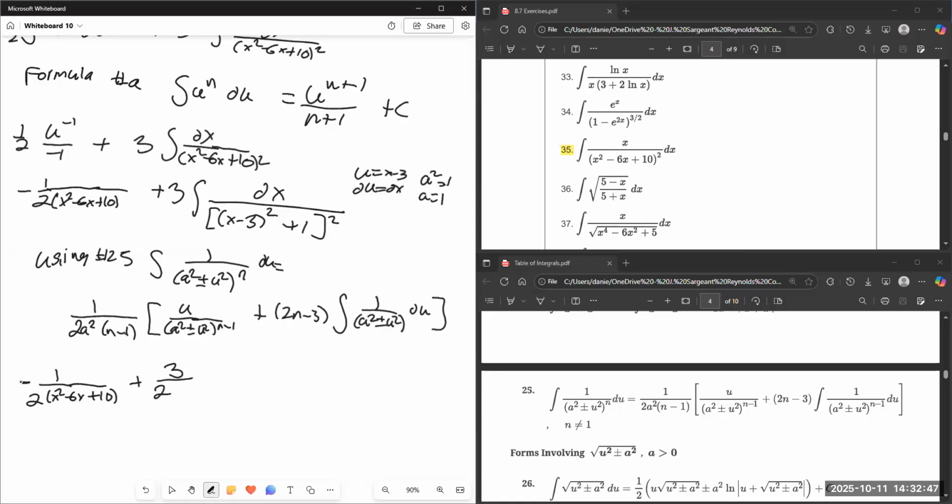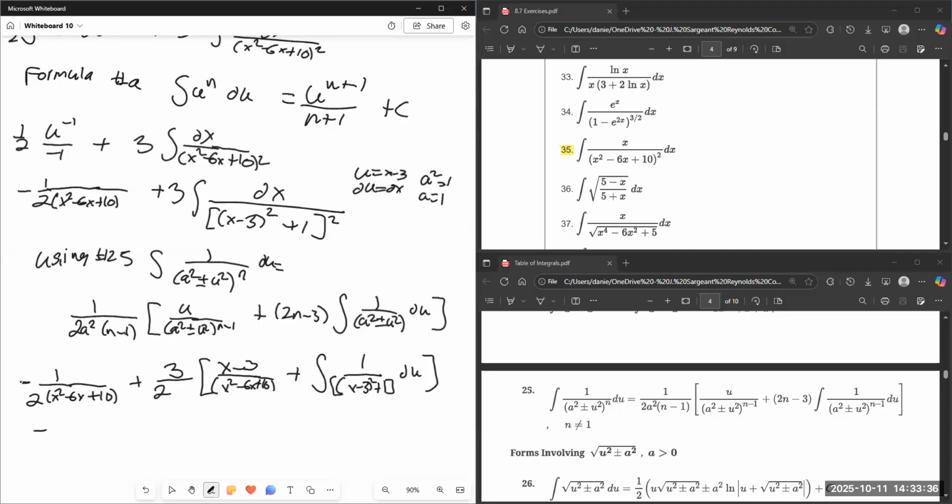So this is going to be over 3 halves times u, x minus 3, over a squared plus u squared to the n minus 1, which is x squared minus 6x plus 10 to the first, plus 2 times n minus 3. 2 times 2 is 4, minus 3 is 1, integral of 1 over, and then this is going to be x minus 3 squared plus 1 du.